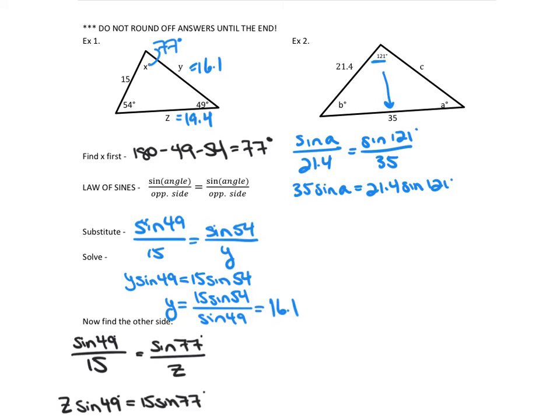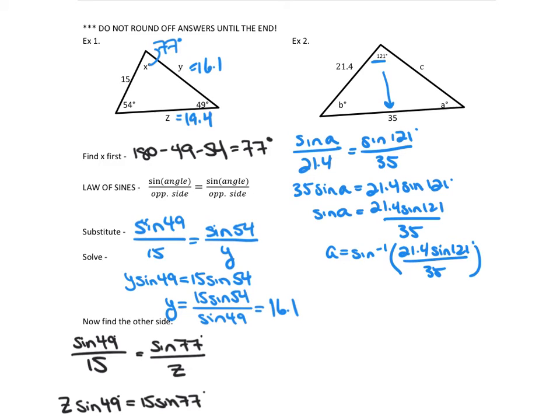We'll divide by 35 to get the sine of A by itself. But to get the angle out of the sine function, we'll have to do the inverse, as we have before, of all of this, the 21.4 sine of 121 degrees over 35. When we type that into our calculator, we get that A is equal to 31.6 degrees.